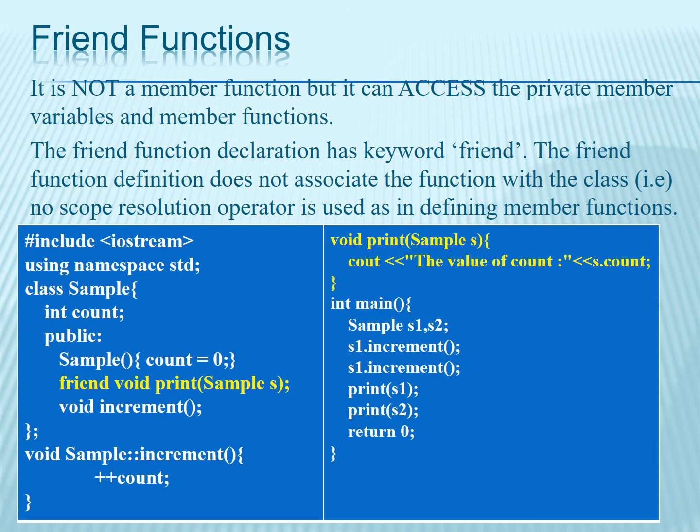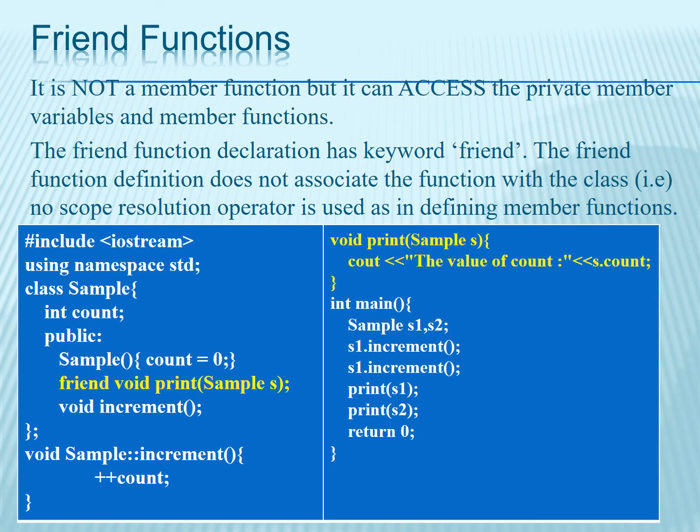The definition of the friend function print does not have any scope resolution operator. It is simply defined as a C++ function: return type followed by the function name print and the argument, which is the object of the class to which it is a friend. Using the object, the friend function print will be able to access the private member variable count.